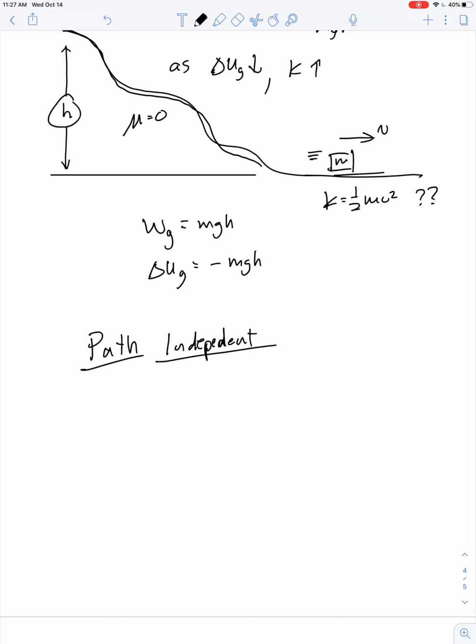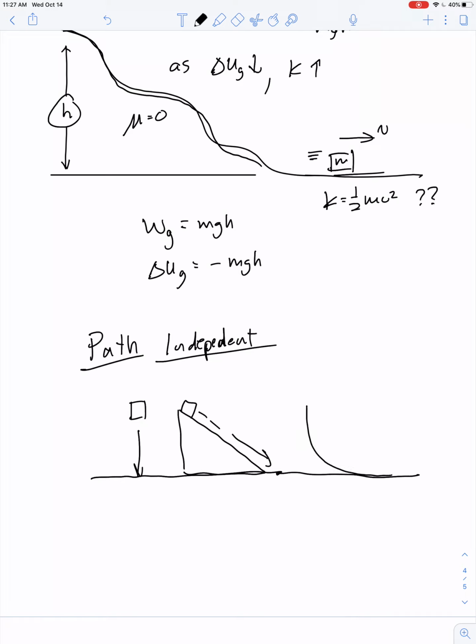So the outcome here is that work done by gravity is path independent. It doesn't matter whether the object falls straight down, slides down a ramp, follows a curved path, or follows any other random type path.